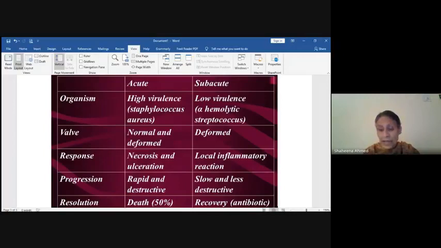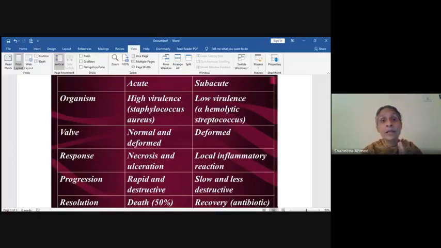Now, if you look at endocarditis, you can very easily distinguish between these two very important varieties of infective endocarditis, because it is essential that we recognize which is which, and you can see that the intervention, the treatment and the prognosis very highly depend on your diagnosis, because in acute cases you see the death rate is very, very high.